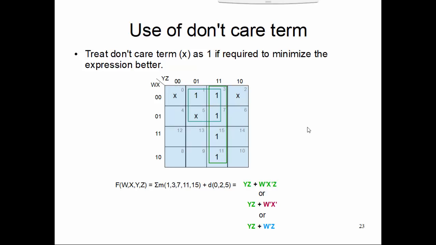So we can pick any such group, but we don't want to pick up, as if we need to cover this 0 and 2 term, because we don't need to. So we are treating x as a 1 only if it helps us make the group bigger. In the first case, it made a bigger group out of 1 and 3, a bigger group 0, 1, 3, 2, and in the latter one, out of this group 1, 3, it made a bigger group of 1, 3, 5, 7, so we include them as needed.